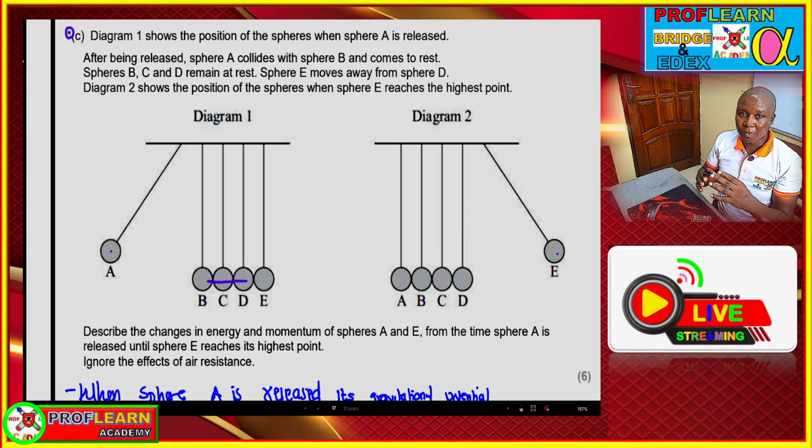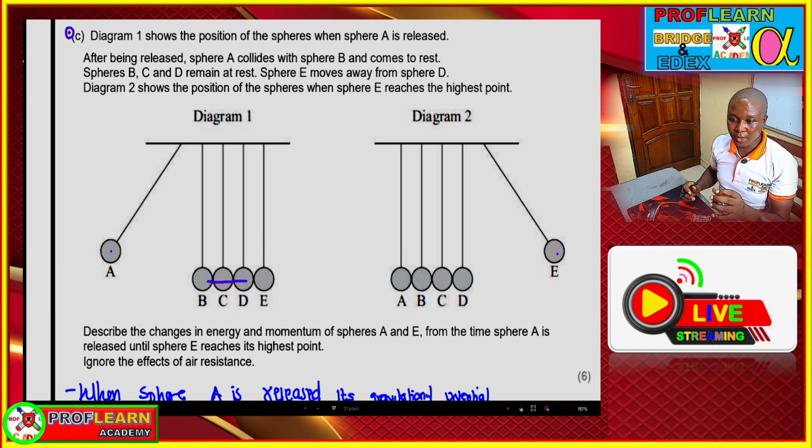So meaning now, any object that has momentum will be in motion. So the moment E absorbs all the momentum, it is going to start moving, because momentum is a property of a moving object, and a moving object has momentum.